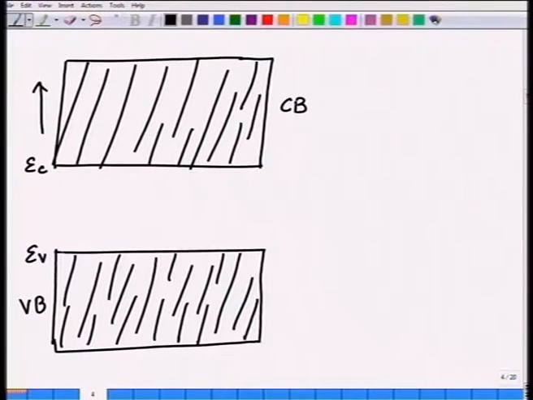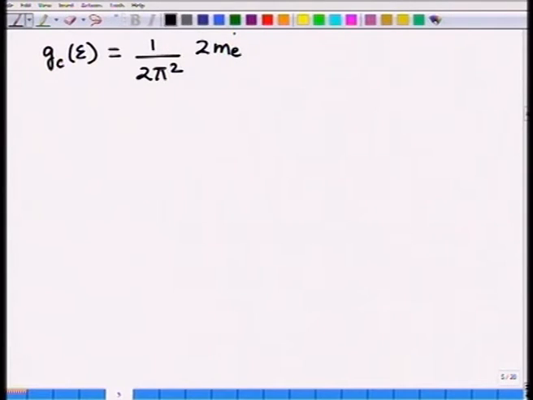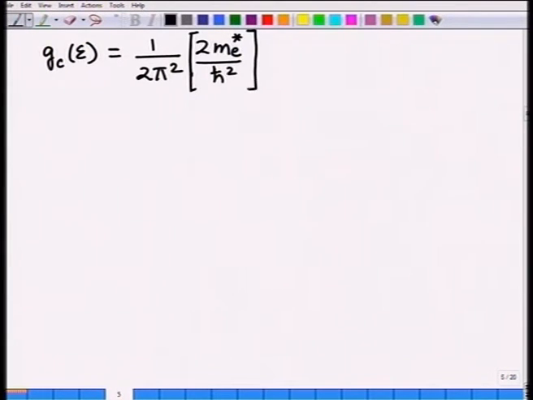I'm going to write the density of states in the conduction band with a symbol GC, and this is the density of states in the conduction band. I'm going to write this as 1 over 2 pi square, 2m, and I'm going to put a star for an effective mass, the same thing h bar square, and I'm going to write this as energy minus EC to the power half.